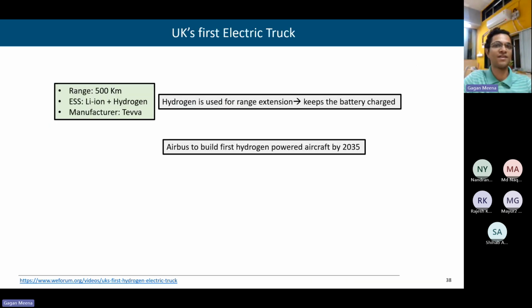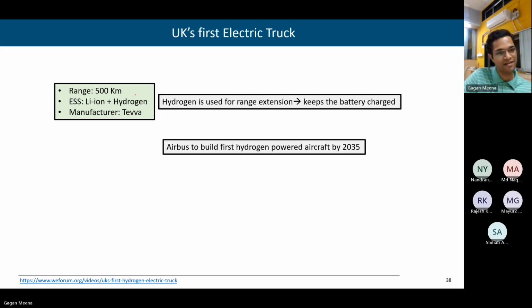Okay, this is another example of hydrogen. India is also planning to have one hydrogen train, I think next year or so. This is the UK's first electric truck, 500 kilometers, lithium ion and hydrogen.